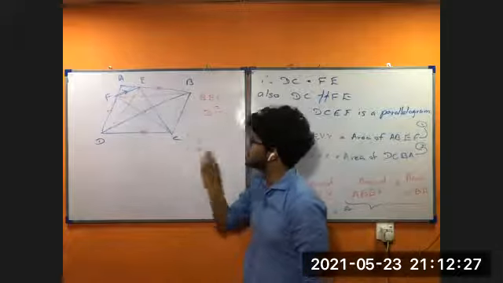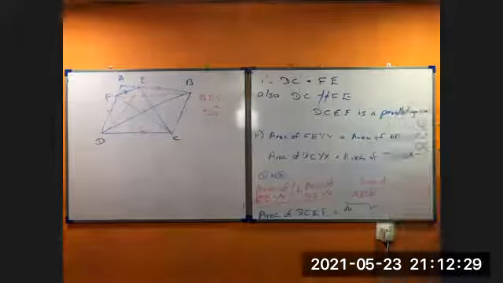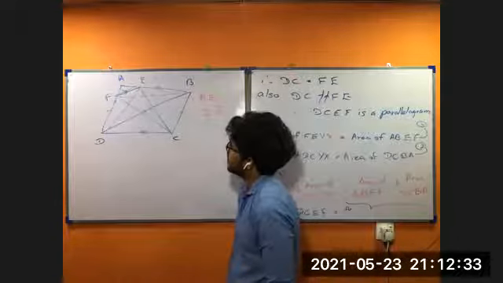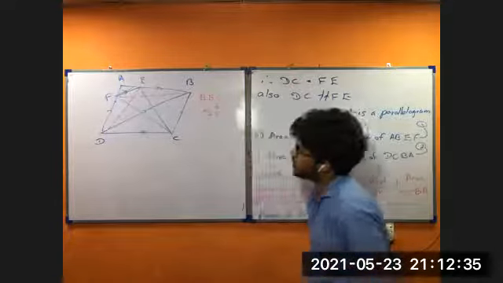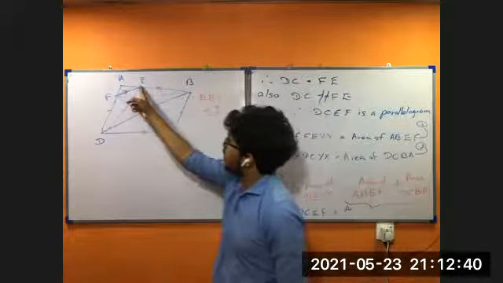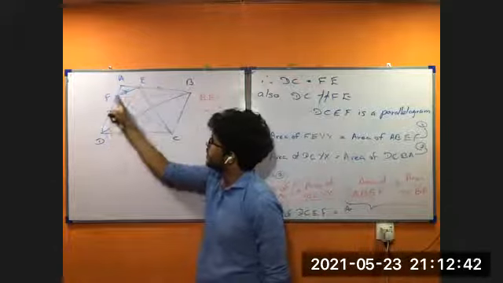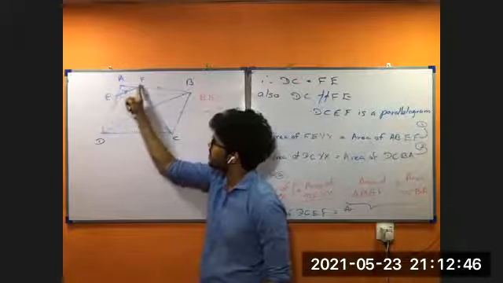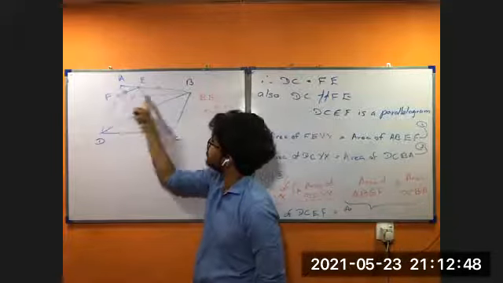That is one observation. Another observation: here we have two parallel lines and one base. This line is parallel to this line, so this triangle is equal to this triangle, right?